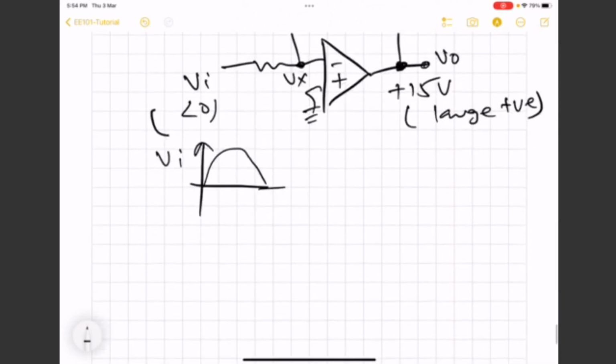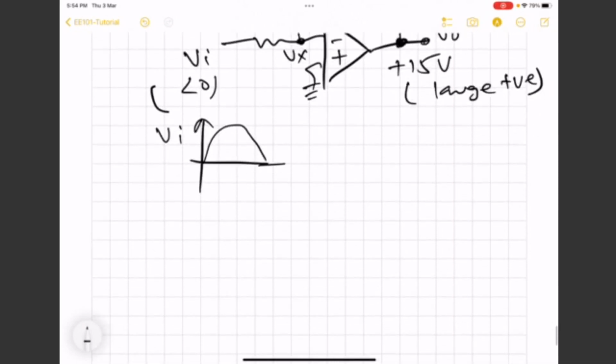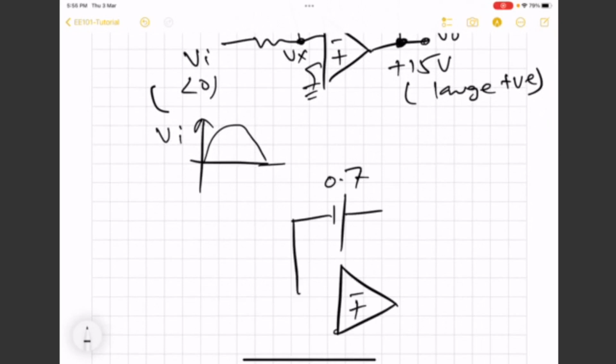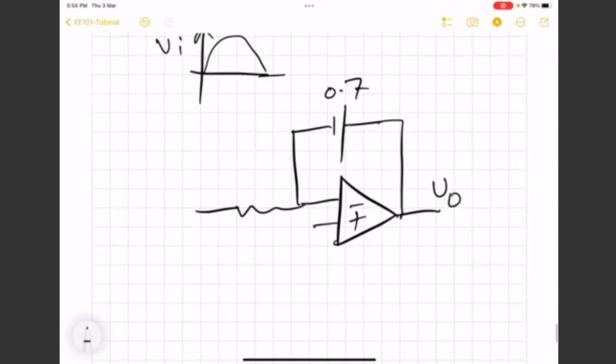So once it is greater than 0.7, we know that diode is forward bias, and in that case, it can be replaced by this circuit or 0.7 volt source here. So now you can see that there will be current flowing through this. Diode is forward bias, so it will allow this current to flow.